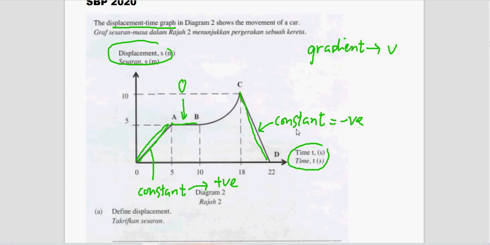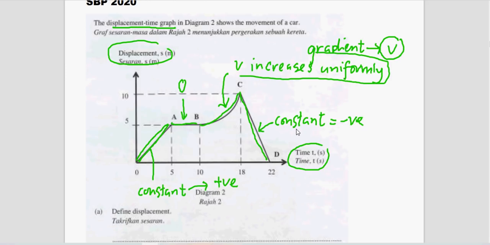Now, if let's say from B to C, in this case the gradient actually increases uniformly. Okay, for BC the gradient increases uniformly. So since the gradient represents velocity, our answer for BC will be velocity increases uniformly. Ataupun okay, if we change this, velocity increases uniformly, to a VT graph, the graph should be like this.